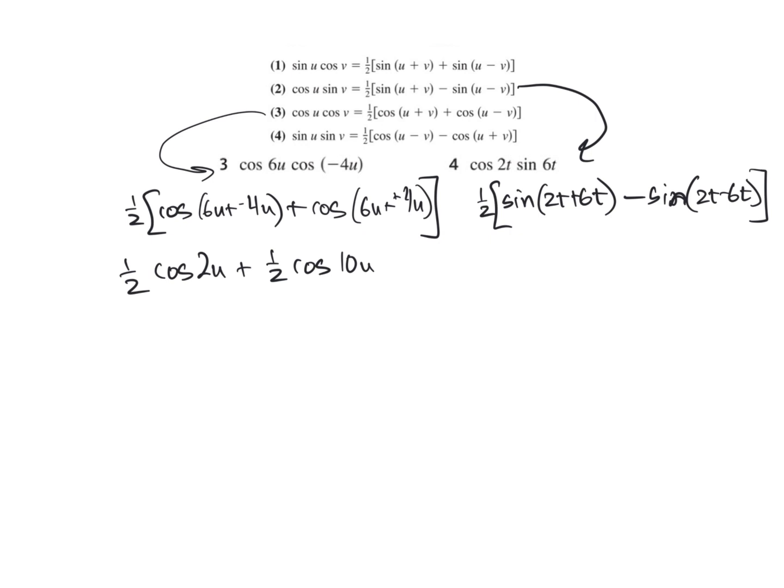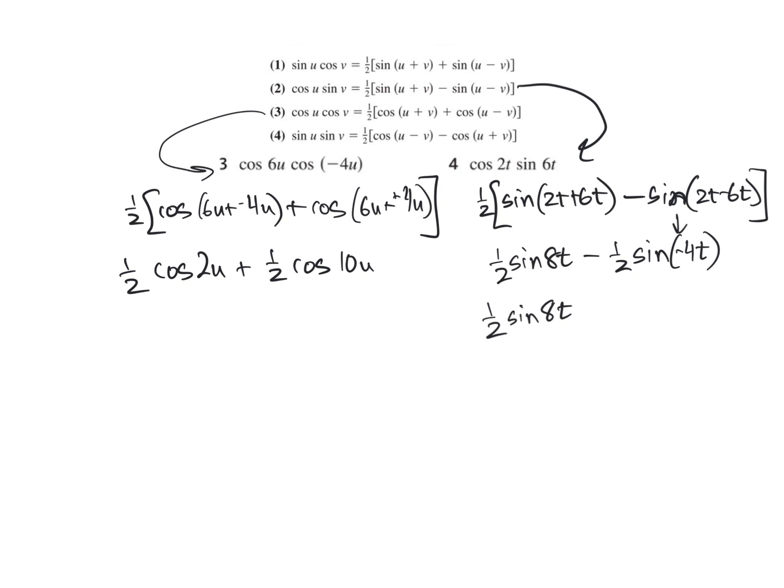This is 1/2 sine of 8t minus 1/2 sine of negative 4t. And on this, the negative of your sine can go out. So really, I think we forgot to do this on the first problem. The negative on the sine can go out in front. So plus 1/2 sine of 4t.